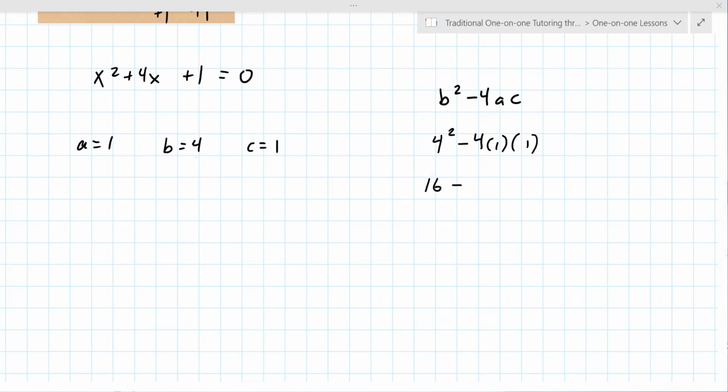Okay, and you're saying 4 and 1. It's 4. Okay. What is 16 minus 4? 12. Okay, very good. Now I'm going to write the quadratic formula.